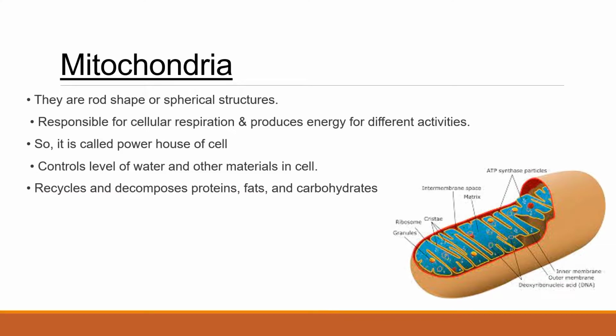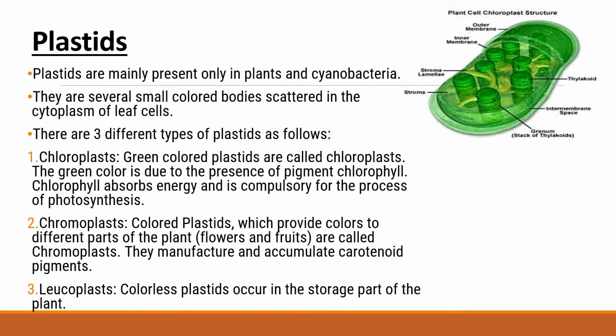If you are asked why the mitochondria is considered the powerhouse of the cell, it is because the mitochondria produces the energy. Since the mitochondria produces the energy, they are considered the powerhouse of the cell.